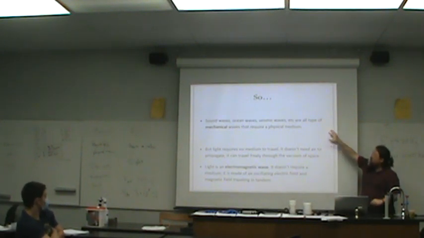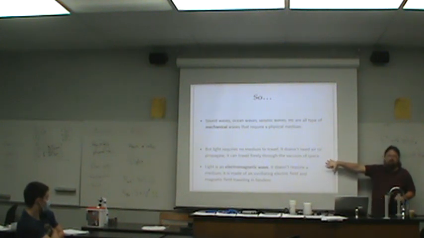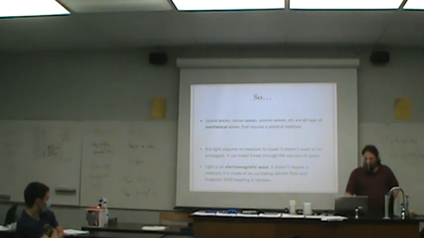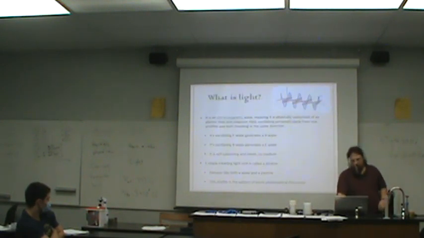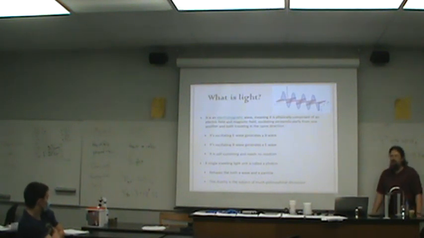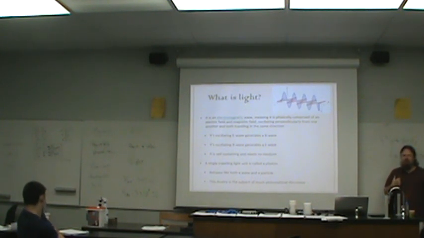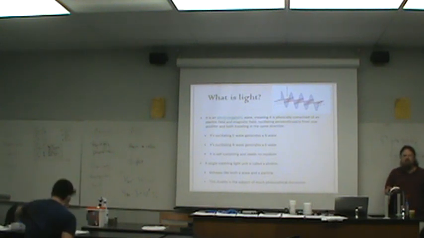Now, sound is mechanical. Sorry, wait. Sound needs a medium, light does not, because light is electromagnetic. This is not something that you will ever see because you can't actually see light itself. Whenever you see something, what you're seeing is light that bounced off of an object and then hit your eye.